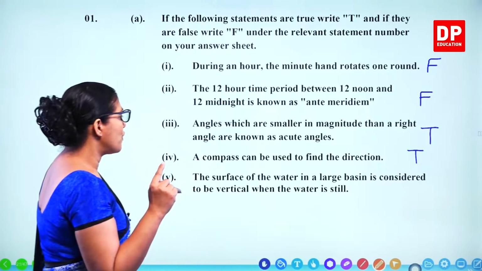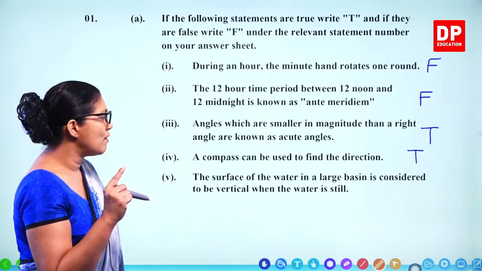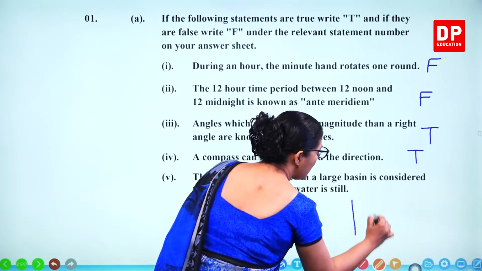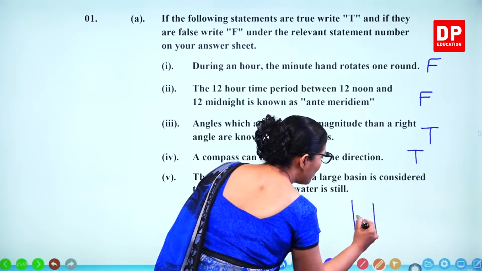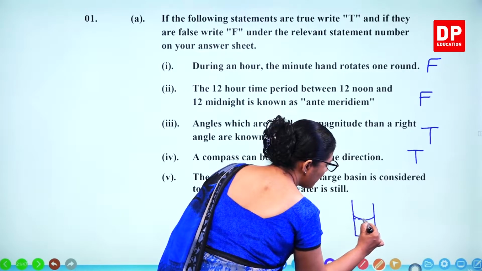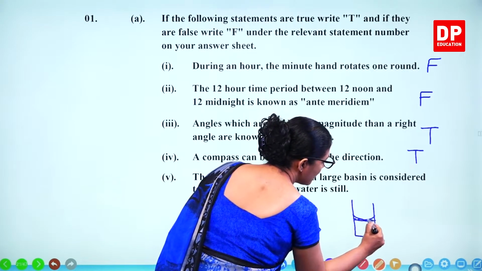The surface of the water in a large basin is considered to be vertical when the water is still. So that should be horizontal. Do you know that when you fill water, normally it's not horizontal, slight curve is there. But we take the water level from this bottom part. So this is the water level.